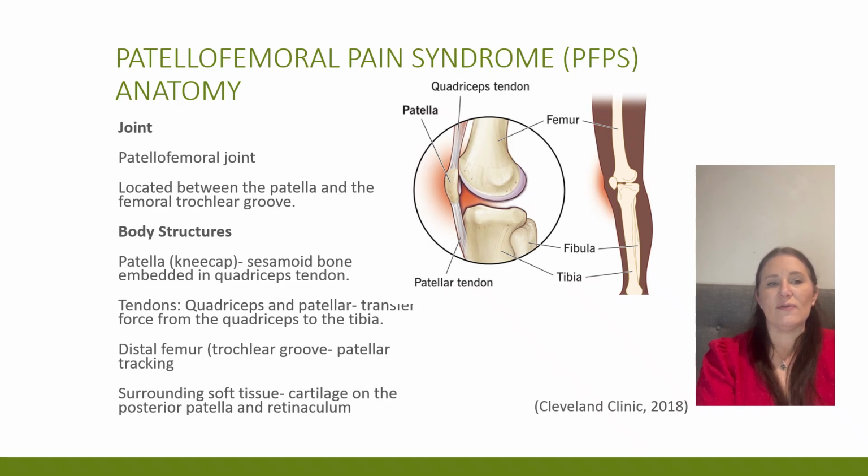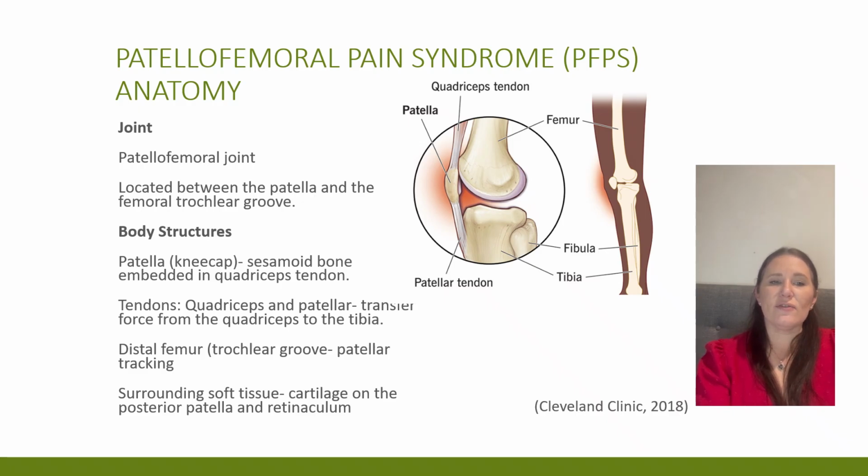The main tendons involved are the quadriceps, as discussed, and the patella tendon, which transfers force from the quadriceps to the tibia. Again, in the distal femur is where the trochlear groove is located, and that's where the patella tracks along the knee when it is flexing and extending in movement.